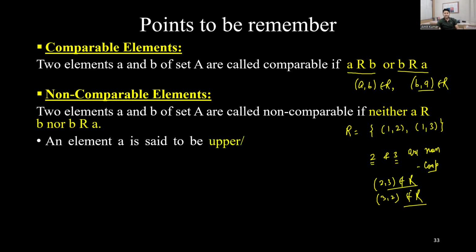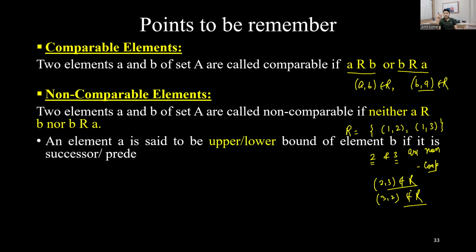In the same way, after comparable and non-comparable, we have another point, which is called lower or upper bound, or successor or predecessor.